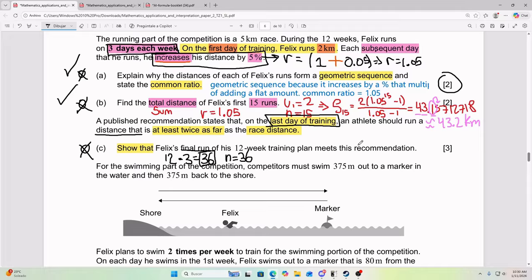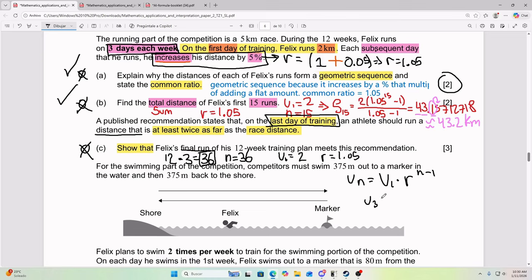So let me write down that equation for a second. The equation is u_n equals u_1 times r to the power of n minus 1. And so in this case, because n equals 36, and because I still know that u_1 is 2 from earlier, and that r is 1.05 from earlier, we just plug in.